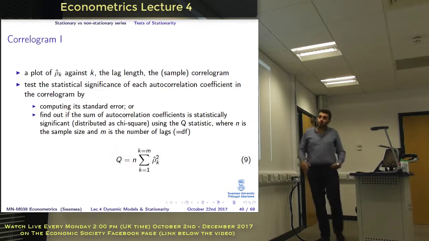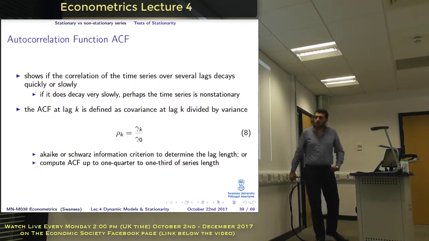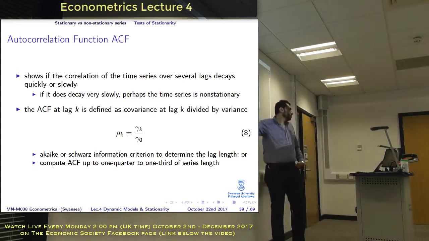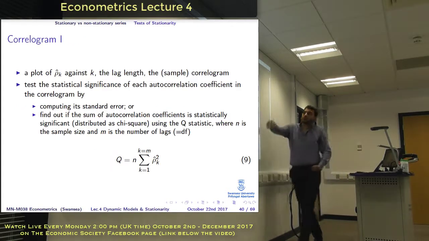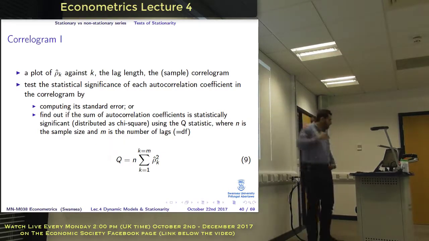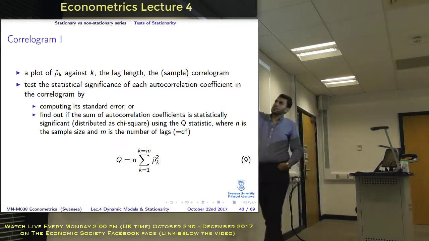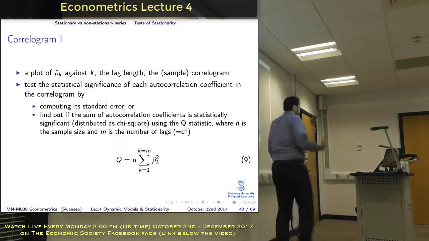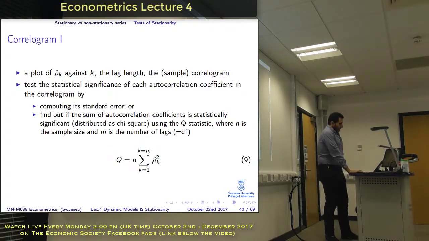We want to look at the plot of rho, the autocorrelation function. We usually use a sample to get this, so this is rho hat. It just comes from a sample. And the plot of this is what we call the correlogram. So the correlogram is a plot of the autocorrelation function.